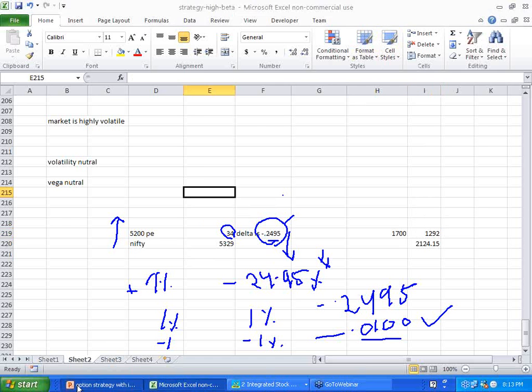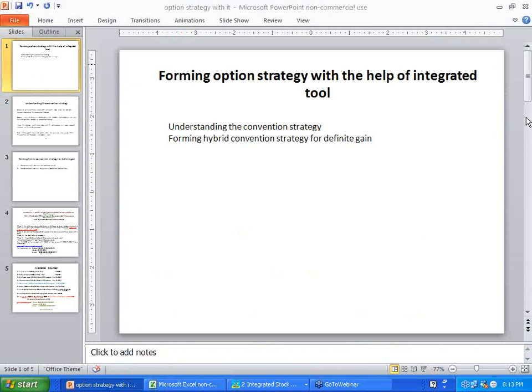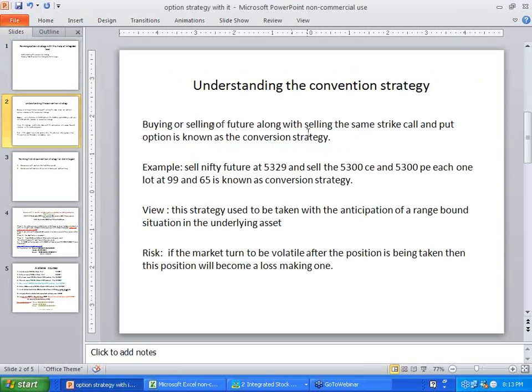That's all. Now moving to today's session on option strategy, wherein we will discuss one particular strategy known as conversion. We will form a hybrid strategy with respect to the conversion. What does this strategy mean? First, understand the strategy.